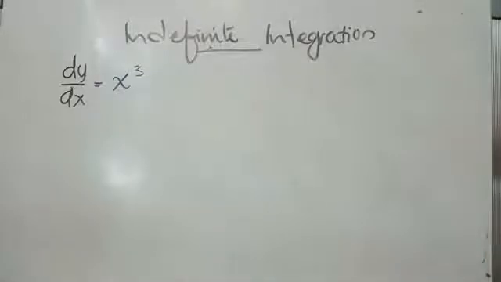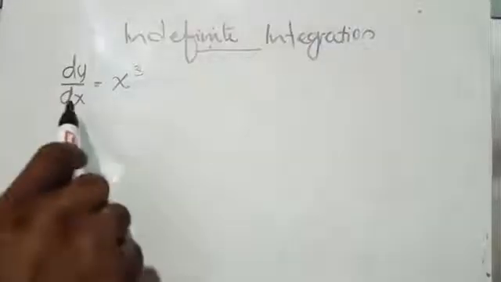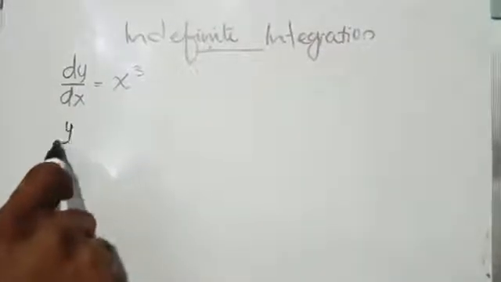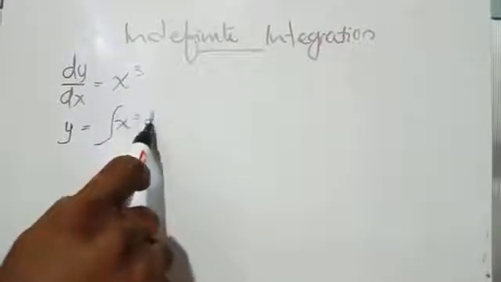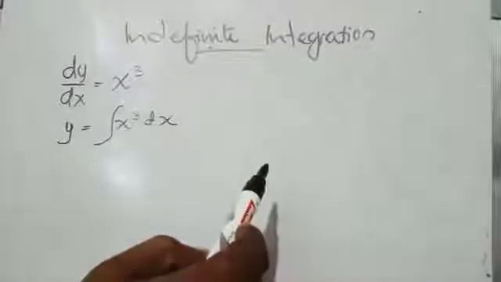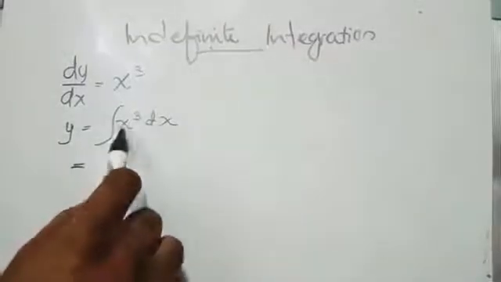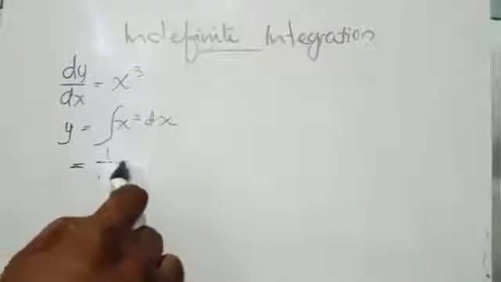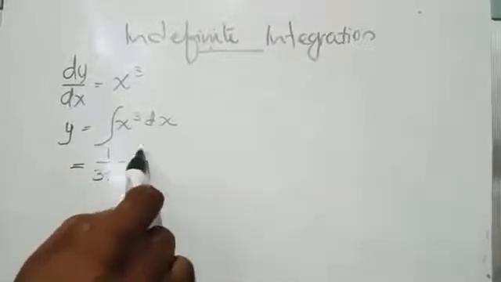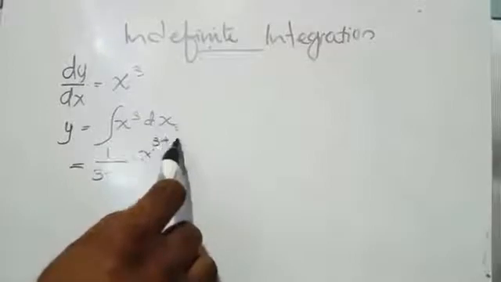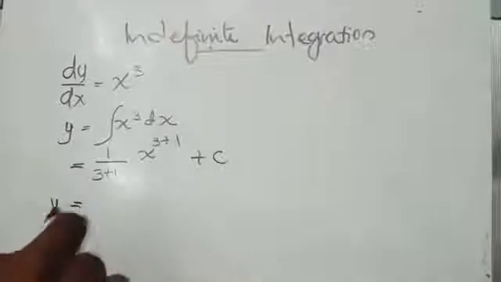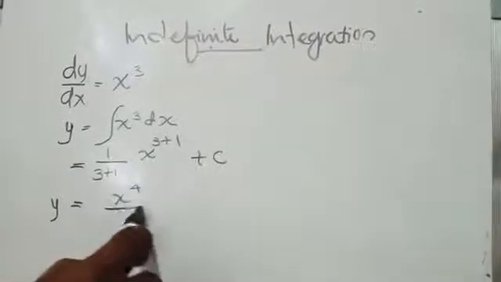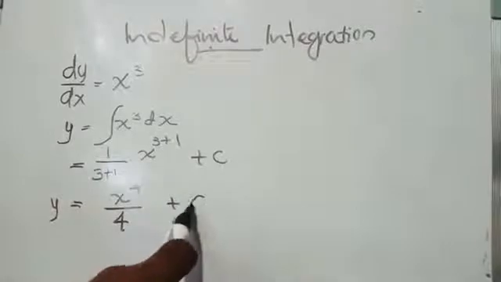For example, dy by dx is equal to x cubed. We need to integrate it. When you integrate it, we get y is equal to integral x cubed dx, that's equal to 1 by 3 plus 1 into x raised to 3 plus 1 plus c, which is equal to x raised to 4 by 4 plus c.